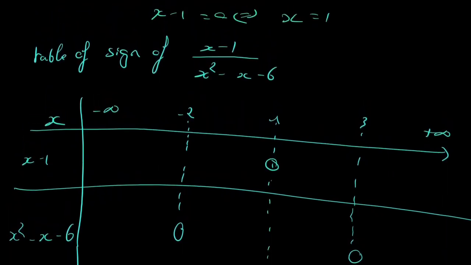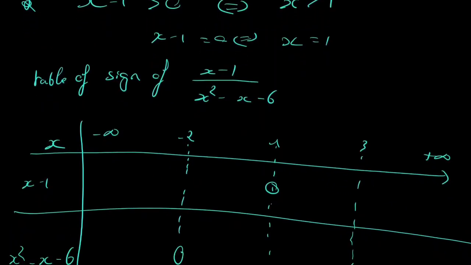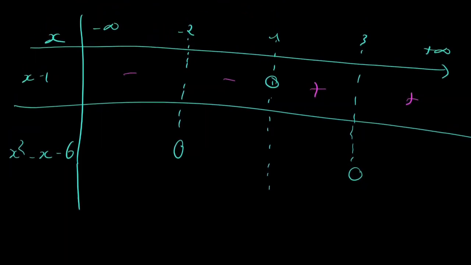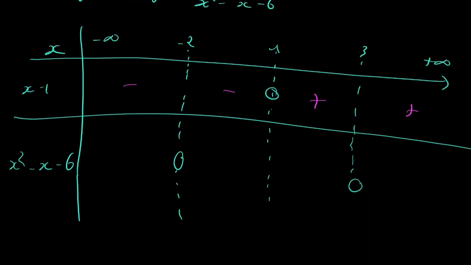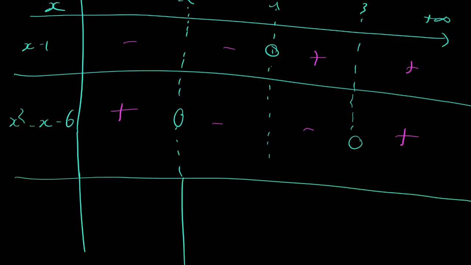And now, what happens before 1? Before 1, we've got this thing that is negative. So after, this is positive. For g of x, we said earlier, this is positive outside of the roots and negative inside of the roots. And so, what happens to the division of both?